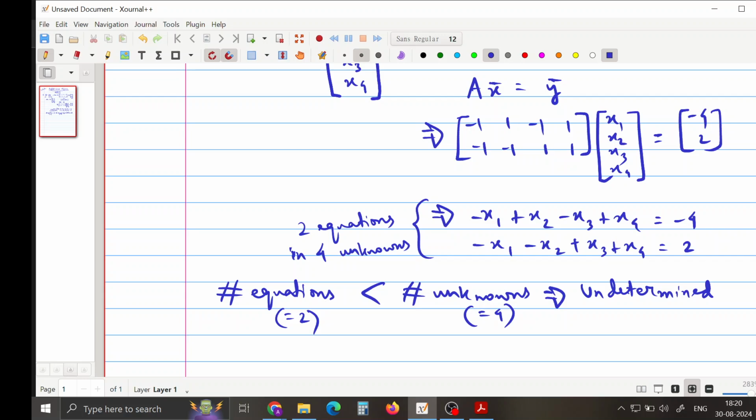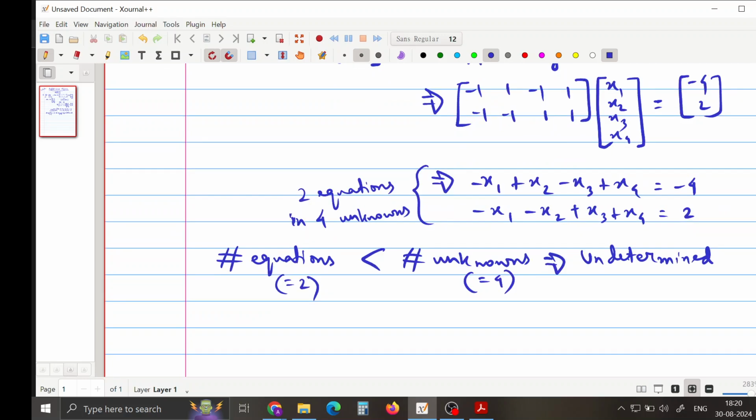But on the other side, if we have more equations in hand with fewer unknowns, then we have more than enough requirement. That is known as an overdetermined system, when we have more equations than the number of unknowns. So this is an underdetermined system of linear equations, and whenever we have such a system, we go for the least norm solution.